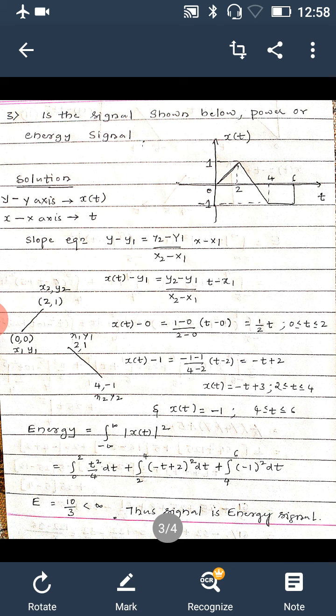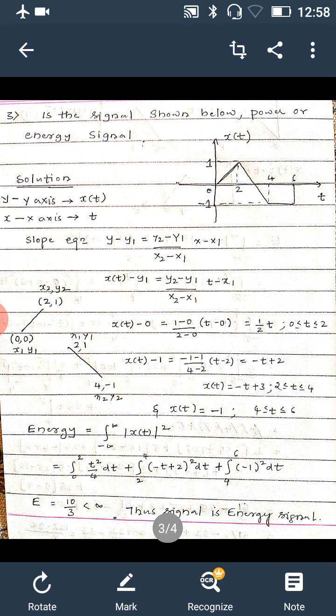Now let us calculate the energy of the signal x of t between the interval 0 to 6. So minus infinity to infinity of x of t square into dt. Between 0 to 2, integration from 0 to 2, x of t is defined as t by 2 and its square will be t square by 4 into dt, plus between the interval 2 to 4 the signal is given by the expression minus t plus 3 and its square into dt, plus from the interval 4 to 6 the signal value is minus 1 and its square into dt.